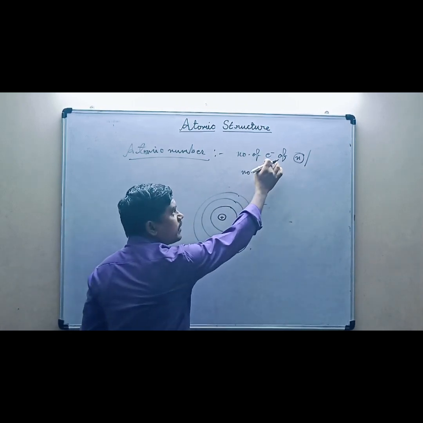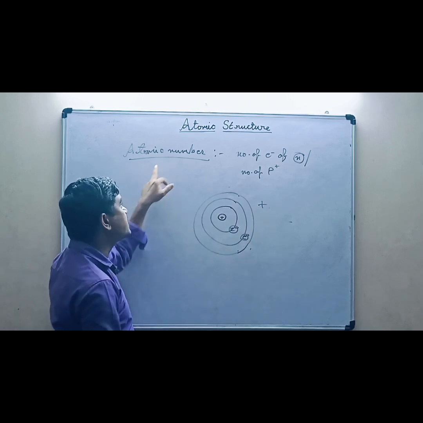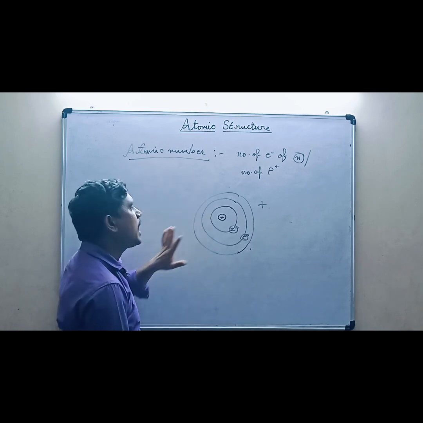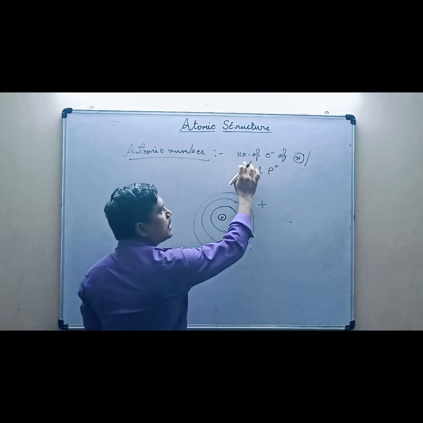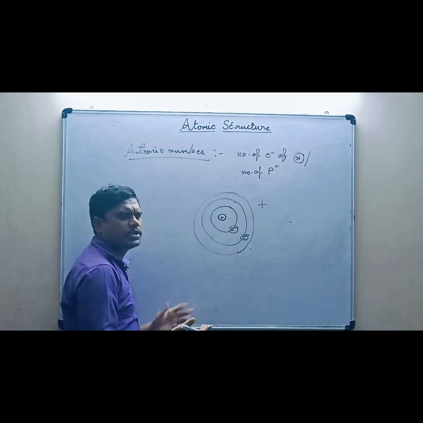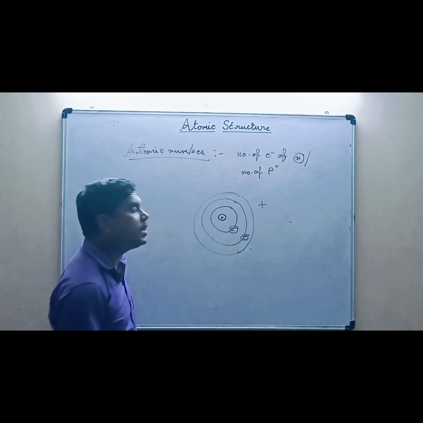For a positively charged atom, we cannot say the number of electrons is the atomic number. That's why I am specifically mentioning the number of electrons of a neutral atom, or the number of protons. Obviously, protons are inside the nucleus, so they cannot be taken out.